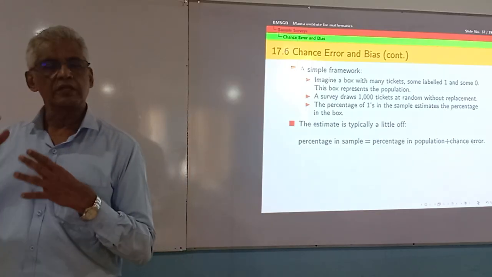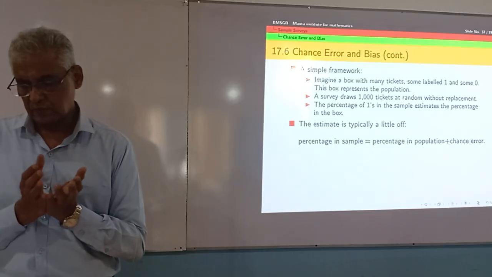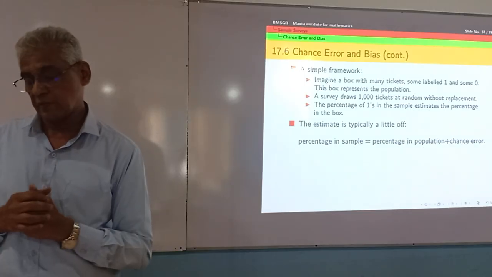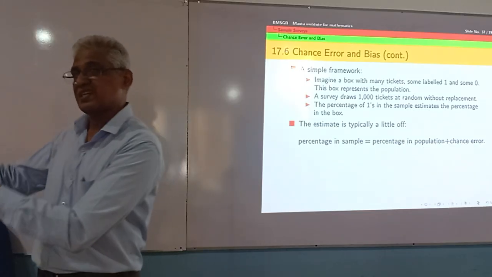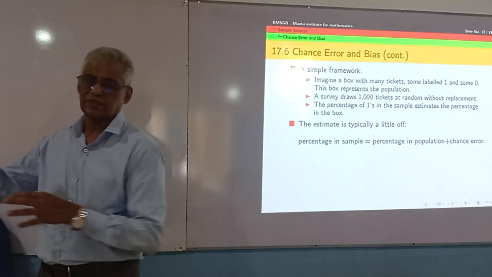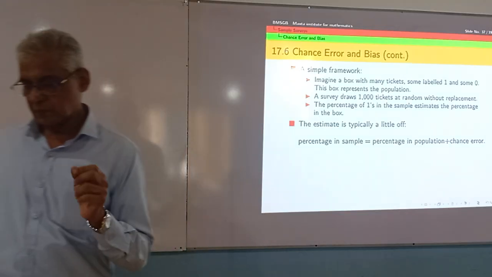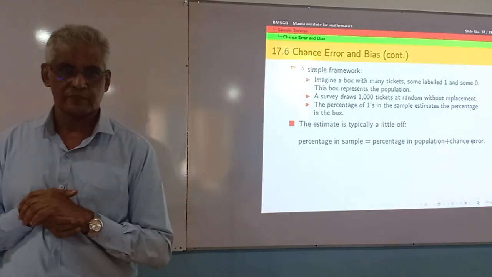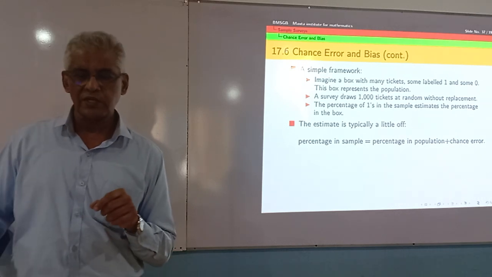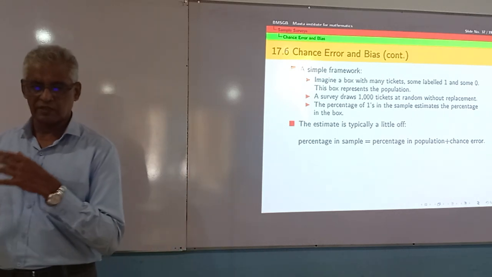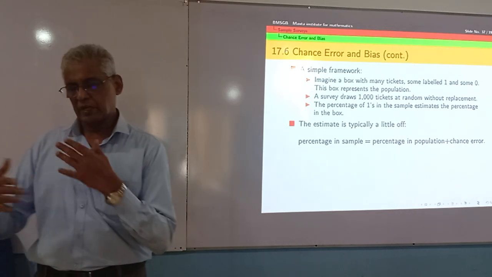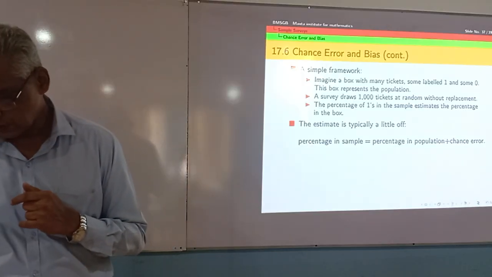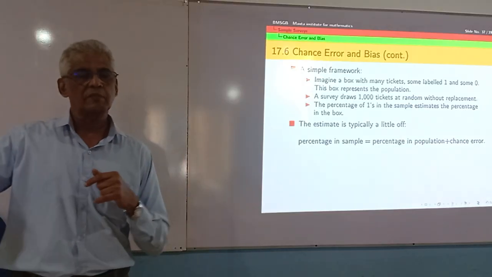So the sample estimate, for example the percentage in the sample, will be equal to the percentage in the population plus or minus some other value, right? That plus or minus value is called the chance error. That happens usually in a random sampling method. Usually there is no bias, right? But if you are using a non-random sampling method, in addition to that, there can be a bias as well.